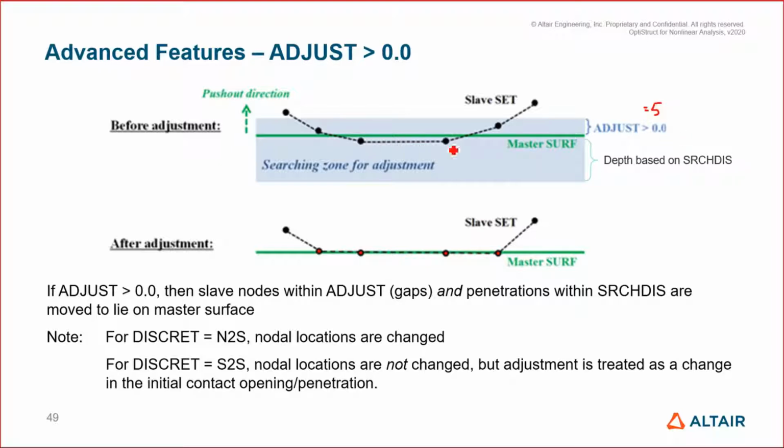So you will search 5 mm up and 5 mm down. You manage to search that all these grids here are penetrating. All these grids here have a gap. So you search all these and you position them back to touching condition. Okay, so that's if you use adjust equals to a certain real value.